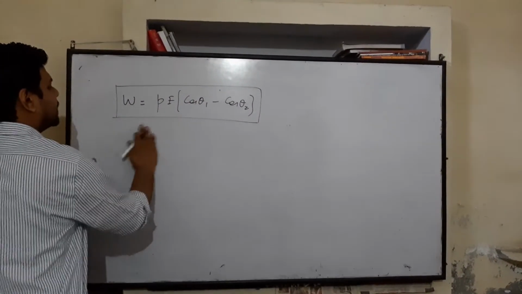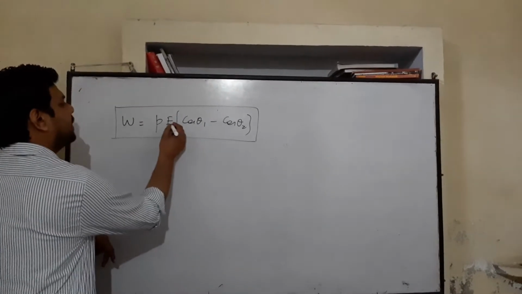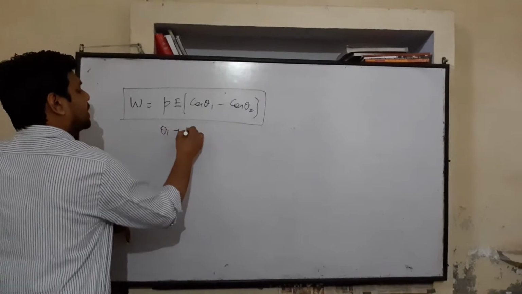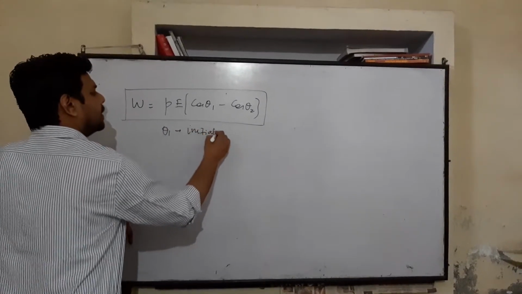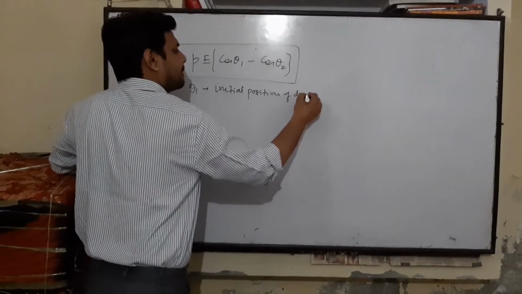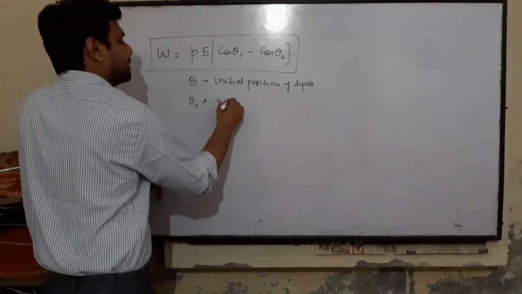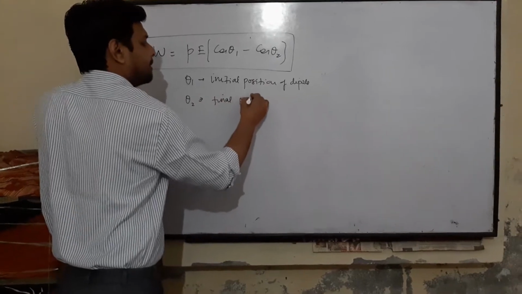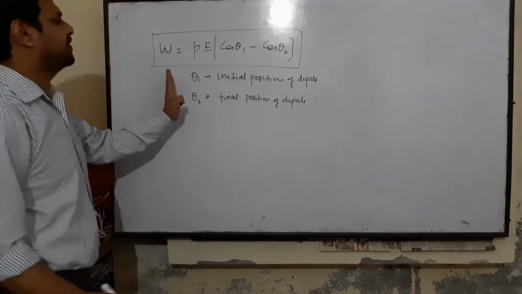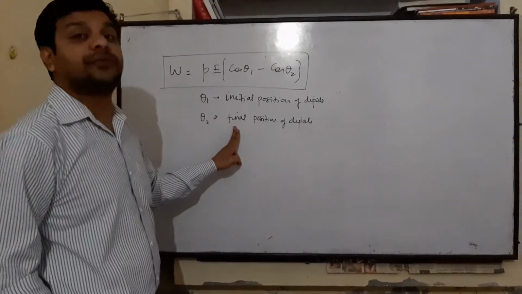Now, the meaning of the symbols: P is electric dipole moment, as you know, and E is intensity of electric field. Theta 1 and theta 2 are the important parameters. Theta 1 is the initial position of the dipole and theta 2 is the final position of the dipole. Always remember this.